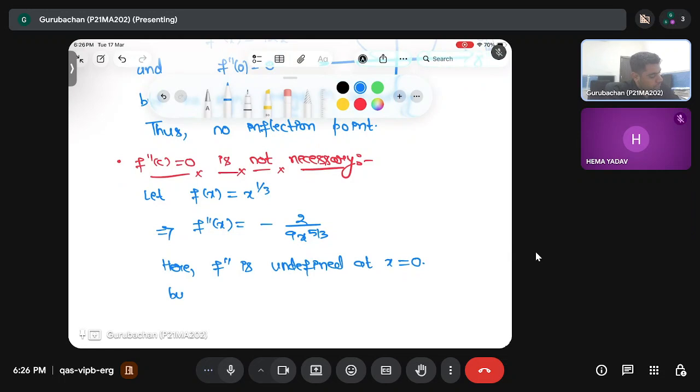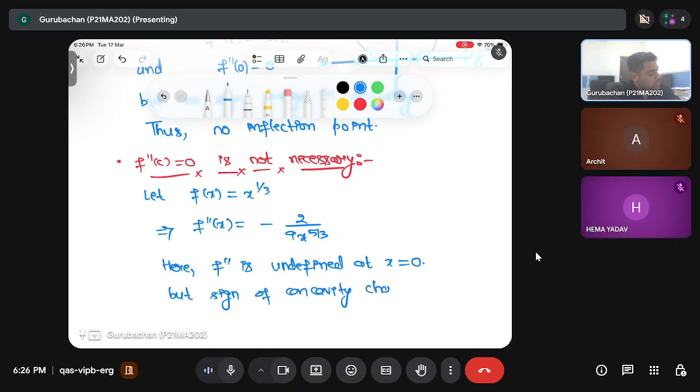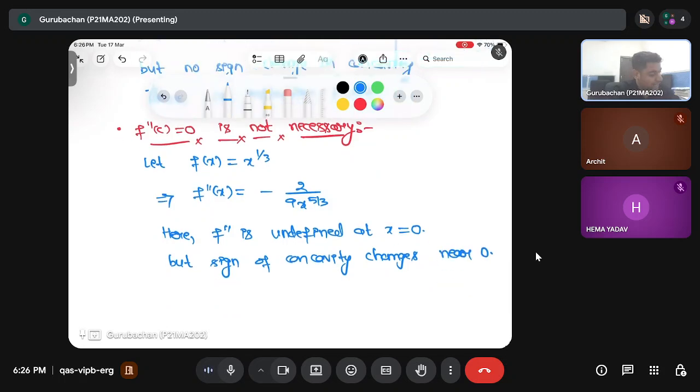But the sign of concavity changes near 0. Because if you observe, f double dash x is greater than 0 for all x from 0 to infinity, and f double dash x is less than 0 for all x from minus infinity to 0.